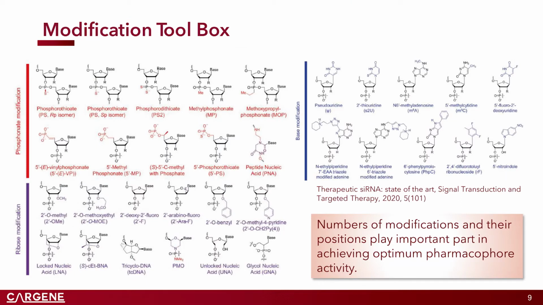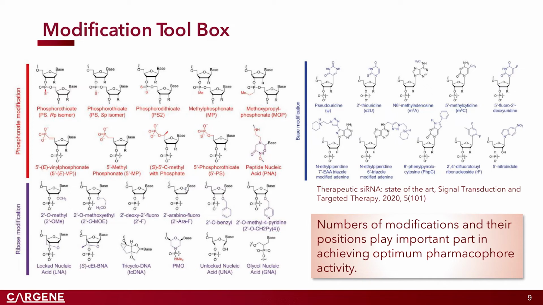Luckily, through over 20 years of nucleic acid chemistry development, we do have a toolbox of modifications that we can use. Here I just list quite a few different types of modifications. The first one is the phosphonate modifications, where the most important one, which you have probably heard from all of us, is the phosphorothioate, but there are other kinds that you can utilize.